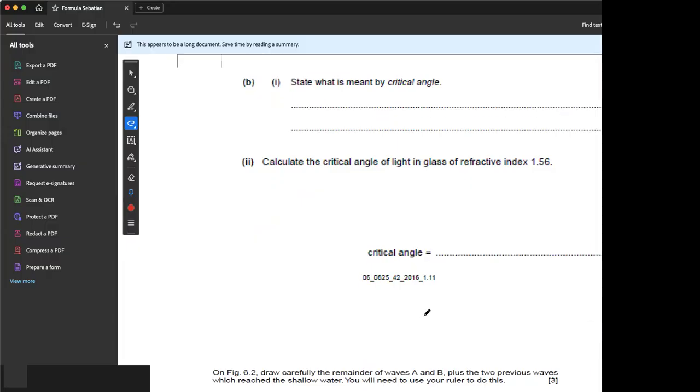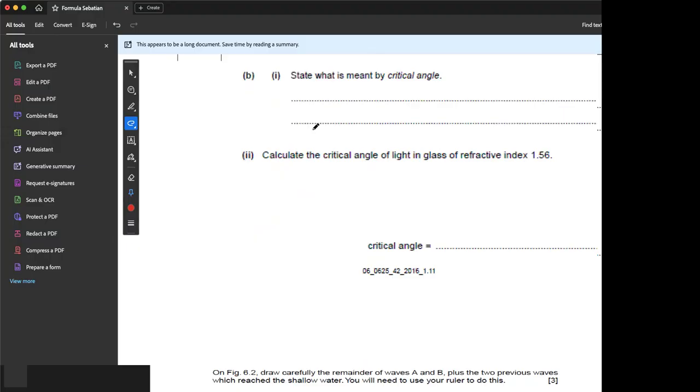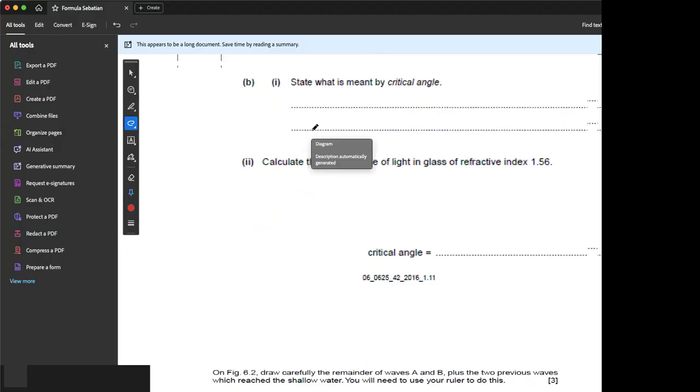How do I define critical angle? Hey, you. How do I define critical angle? Index. That's wrong. How to define? That's the formula, sine. Wrong. One over sine.